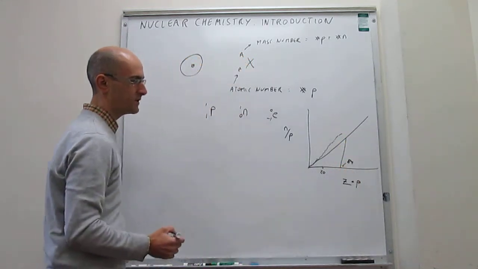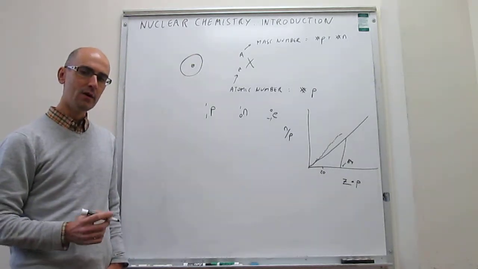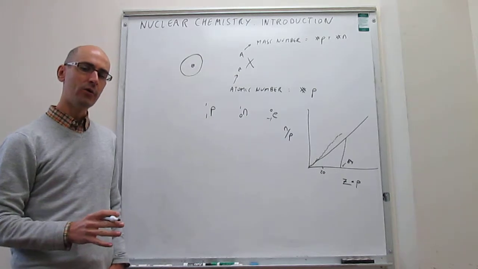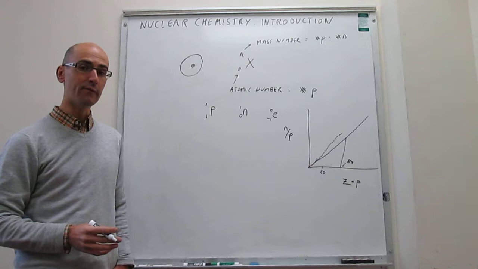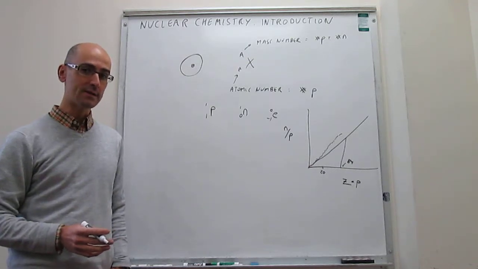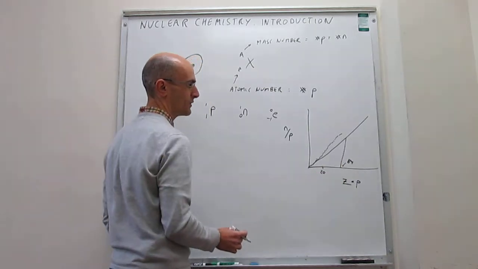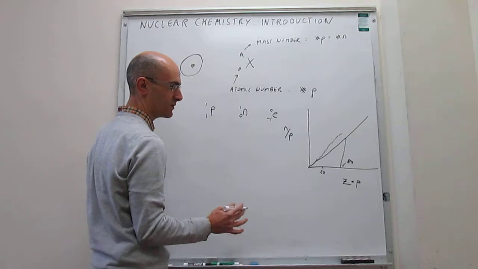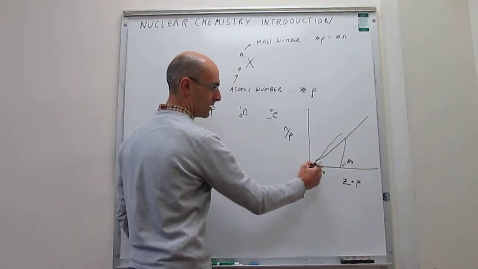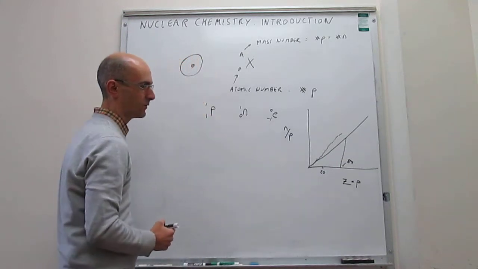Once you get to an atom with 84 protons, that is polonium, no isotopes of the elements that have an atomic number of 84 or above are stable. So stability finishes at about 84. These are where the 279 stable nuclei are distributed, and the rest of the known nuclei are either above or below these stable nuclei.